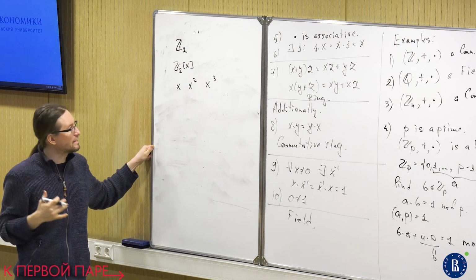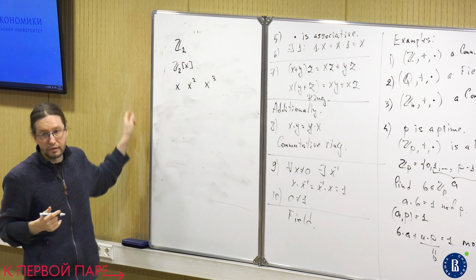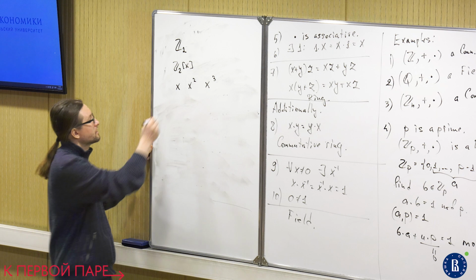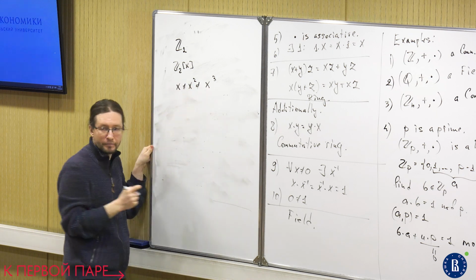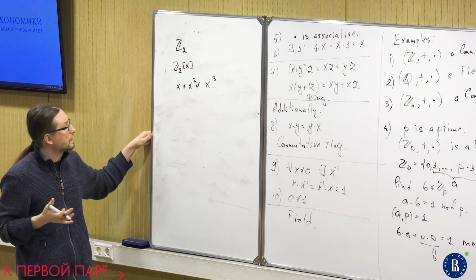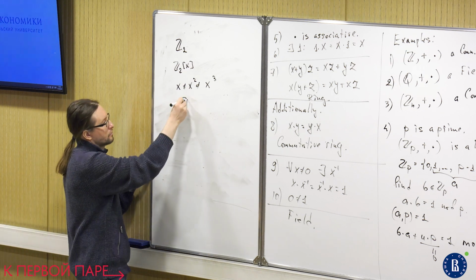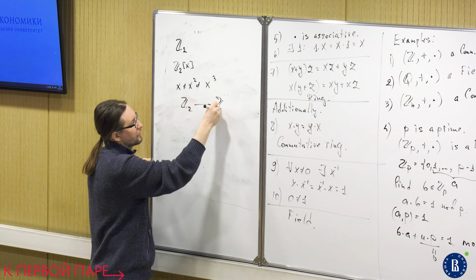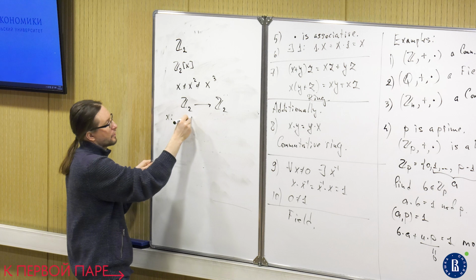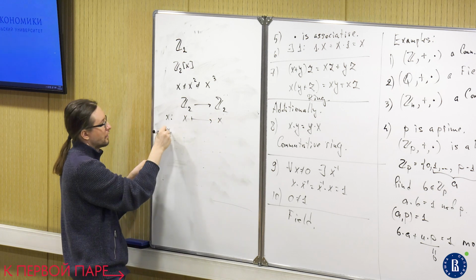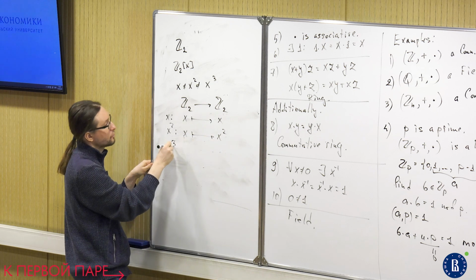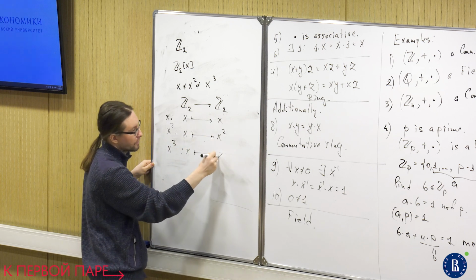These are distinct polynomials in this ring, because by definition, these pictures are different. So these polynomials are not the same. But each polynomial gives you a function from Z2 to Z2 by the rule. Let's say x gives you a function which takes x to x, x squared gives you a function which takes x to x squared, and x cubed gives you a function which takes x to x cubed.